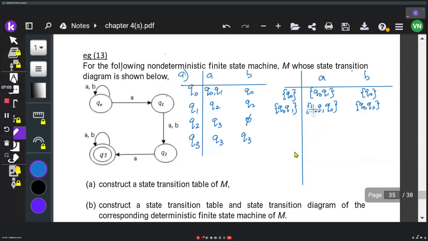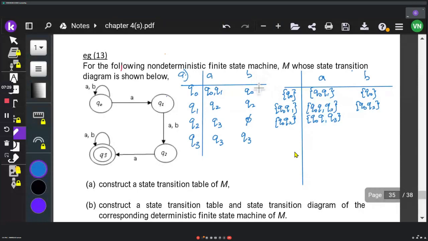After that, you have Q0, Q2 now. Combine these two after input A, so we have Q0, Q1, Q3 for Q0, Q2.